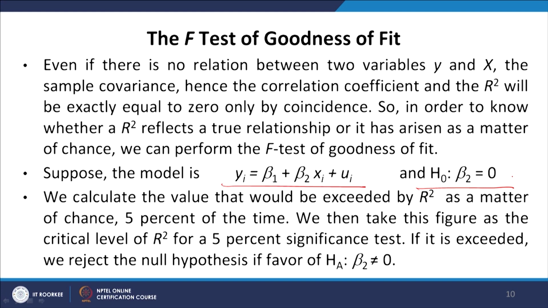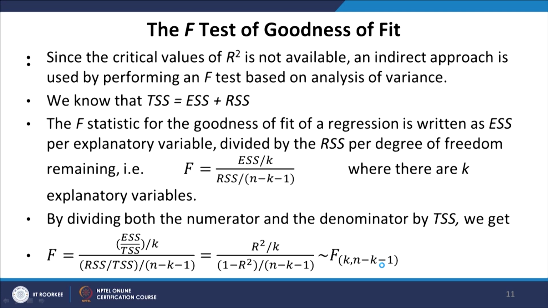We then take this figure as the critical level of R square for a 5% significance test. If it is exceeded, we reject the null hypothesis in favor of the alternative hypothesis, which is beta 2 not equal to 0. Since the critical values of R square are not available, an indirect approach is used by performing an F test based on analysis of variance, because F critical values are available to us.